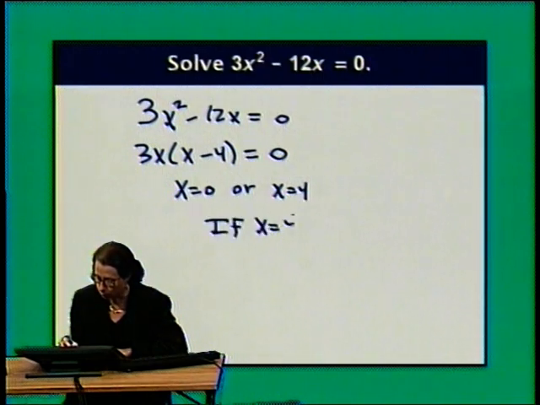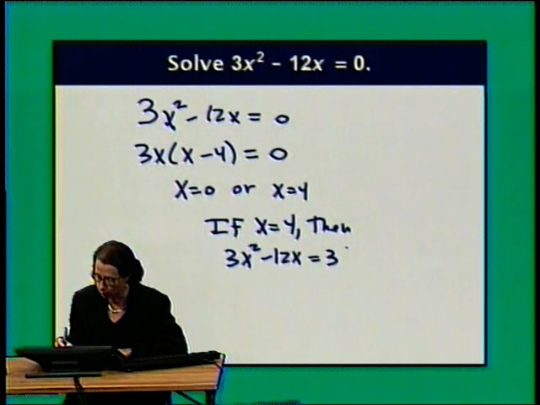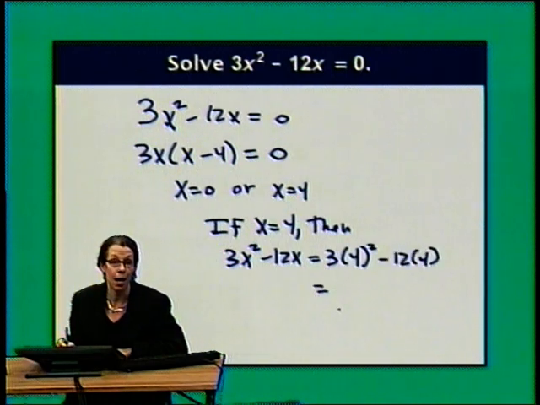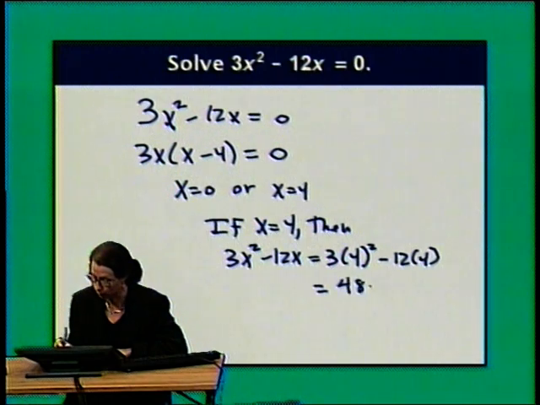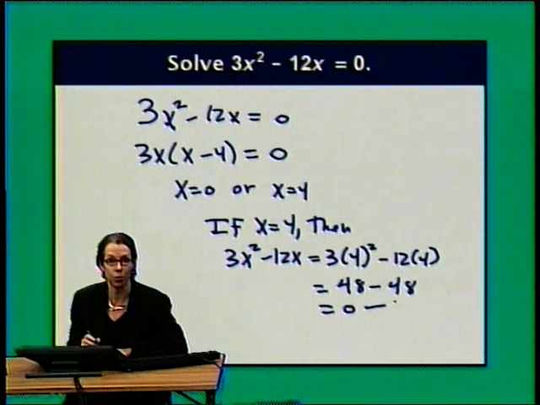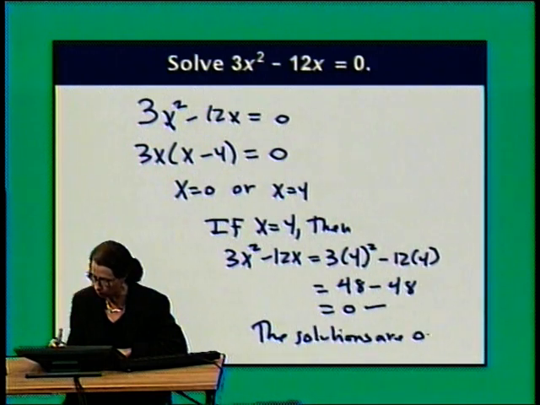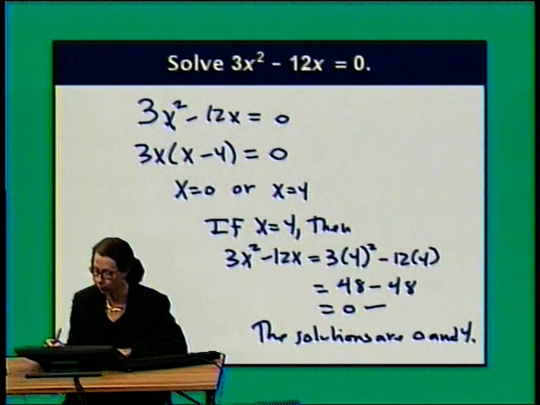If x equals 4, then 3x squared minus 12x equals 3 times 4 squared minus 12 times 4. 3 times 16, that's 48, minus 12 times 4, that's 48. That indeed equals 0. So I have two solutions. The solutions are 0 and 4.